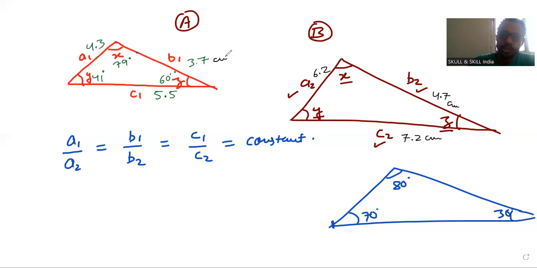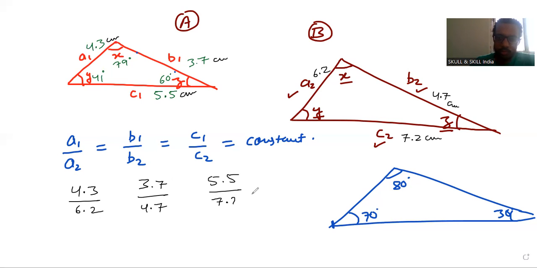All obviously in centimeters, right? So A1 upon A2 would be 4.3 upon 6.2, B1 upon B2 will be 3.7 upon 4.7, and C1 upon C2 will be 5.5 upon 7.2, correct?